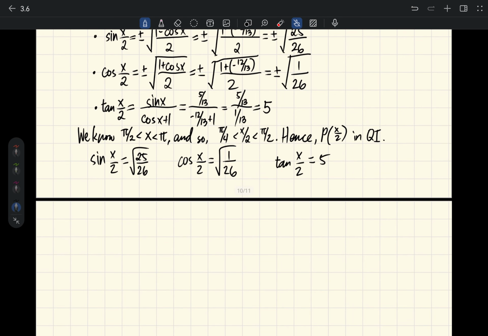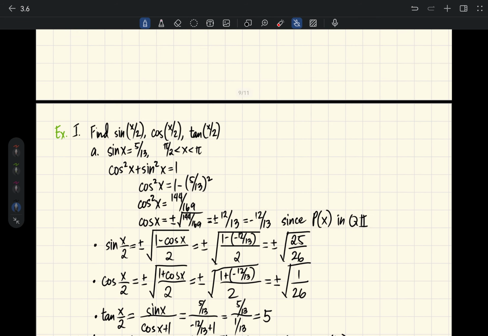For letter B, we have right here cosecant of x equals negative 5 over 3. And the condition is x is in between pi and 3 pi over 2. So what do we need to do again?